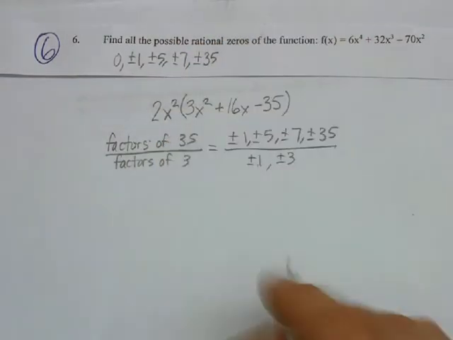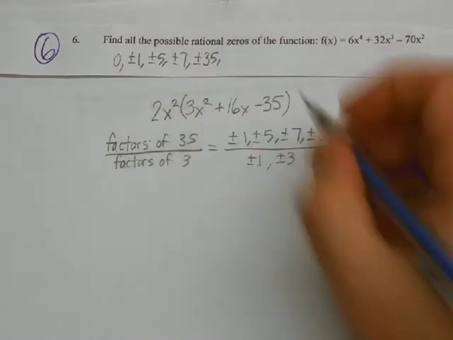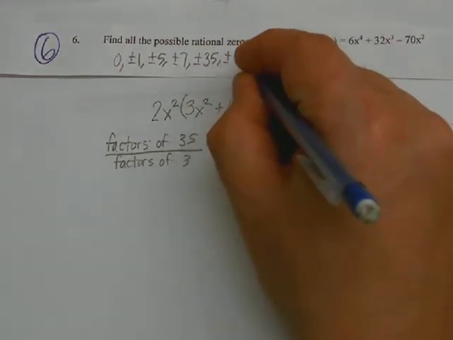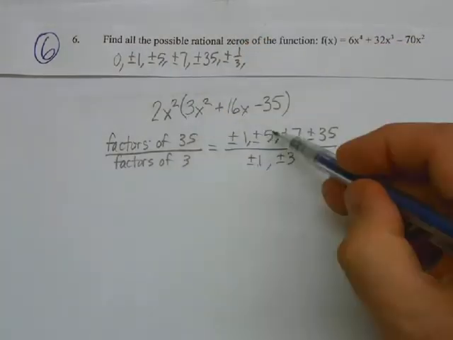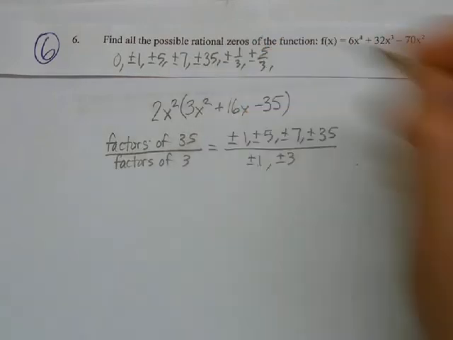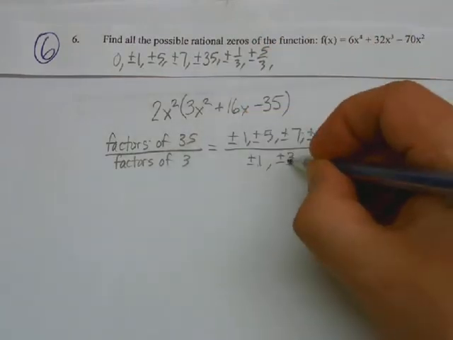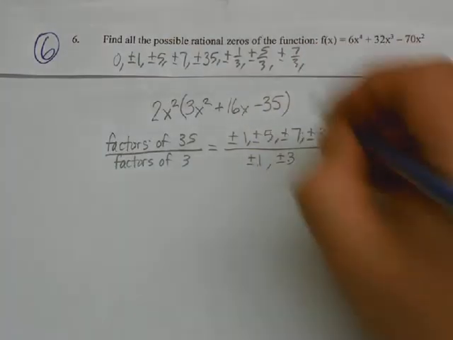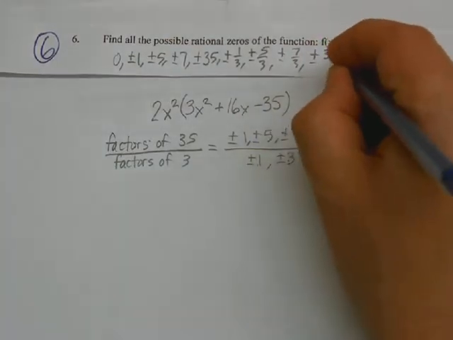Now using 3 as my bottom number, I get plus or minus 1/3, plus or minus 5/3, plus or minus 7/3, and then plus or minus 35/3.